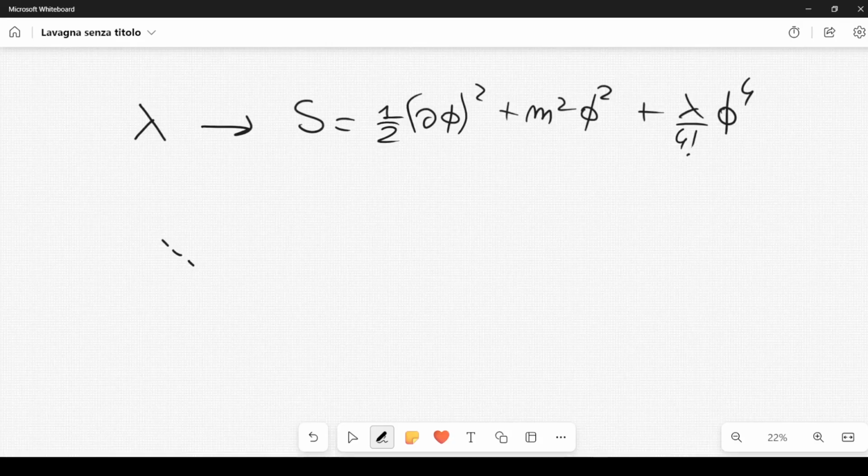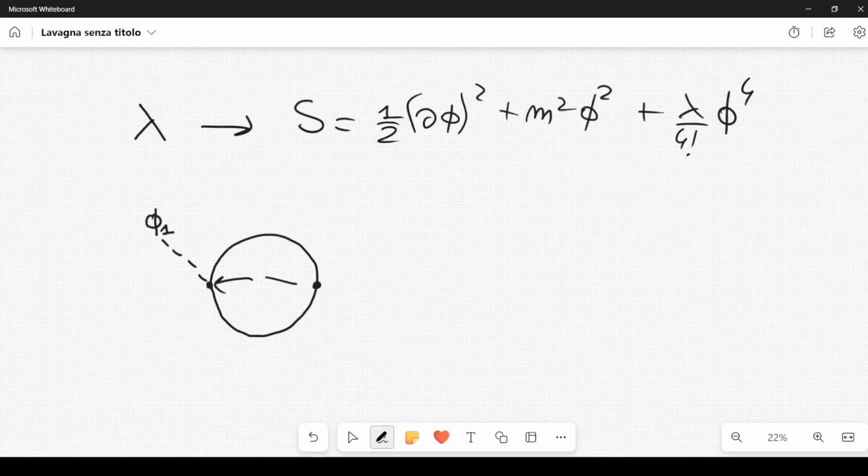In particular, let me sketch them. Here we have an edge that I have dashed, and this represents the field phi 1. Here we have a loop, and the loop is split into two edges, one edge here and one edge here.